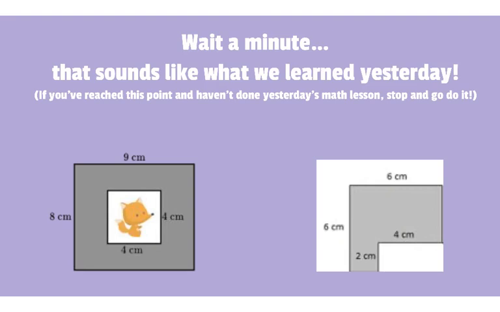So I want you to take a second and look at these two shapes. The one with the fox and the one that looks like an L. I want you to think about what's different between them.